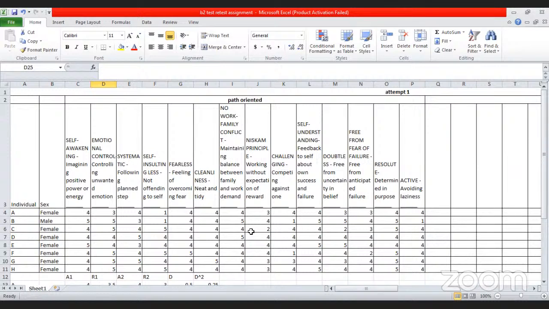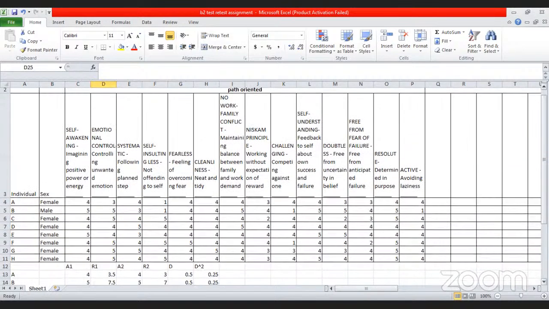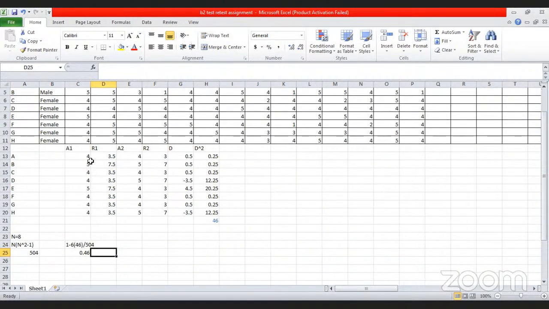Would you repeat how you calculate the position? For example, the second item, A2. Okay, there is the score that you have found, that is 4. 4 is the lowest score here. 4 is there 5 times, 1, 2, 3, 4, and 5, and it is lowest.